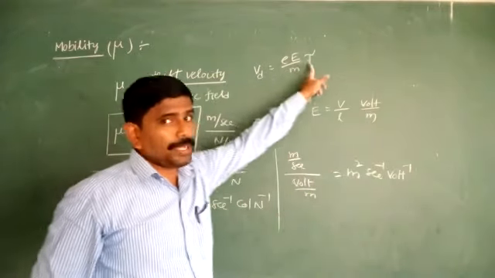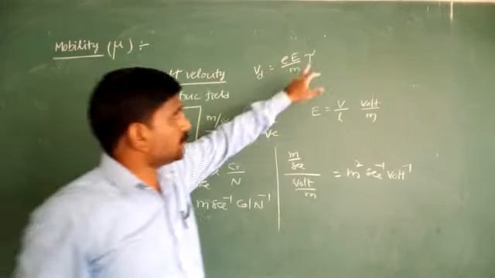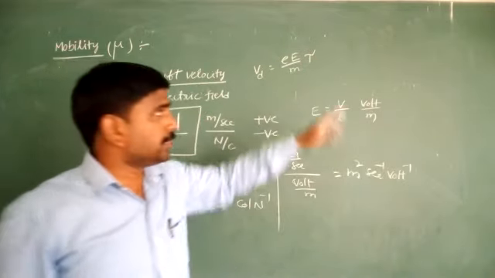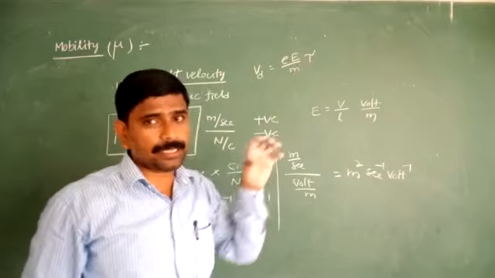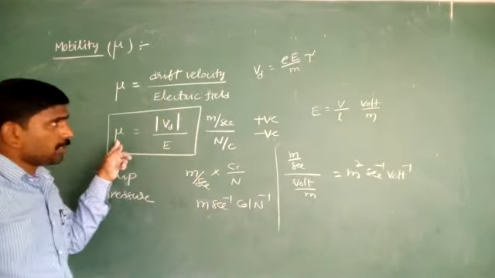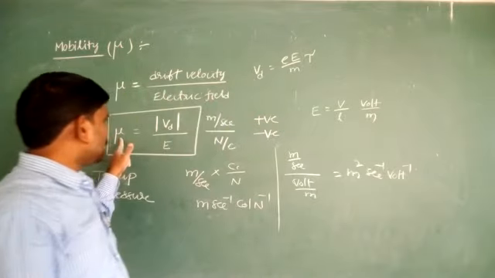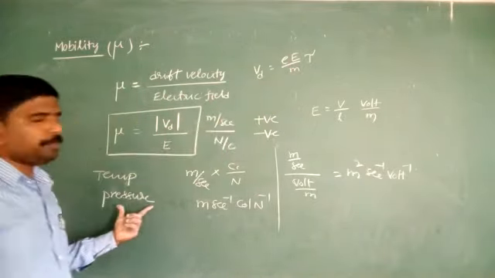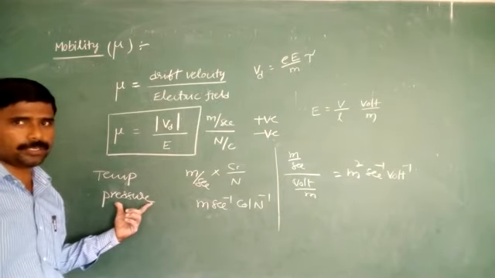Here tau is the average relaxation time, and that average relaxation time depends upon the temperature. So this mu also depends upon the temperature and, at the same time, the pressure.